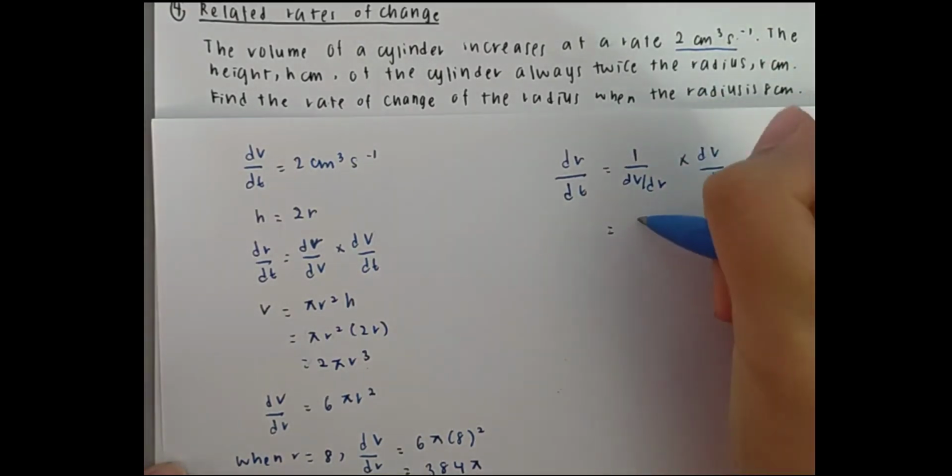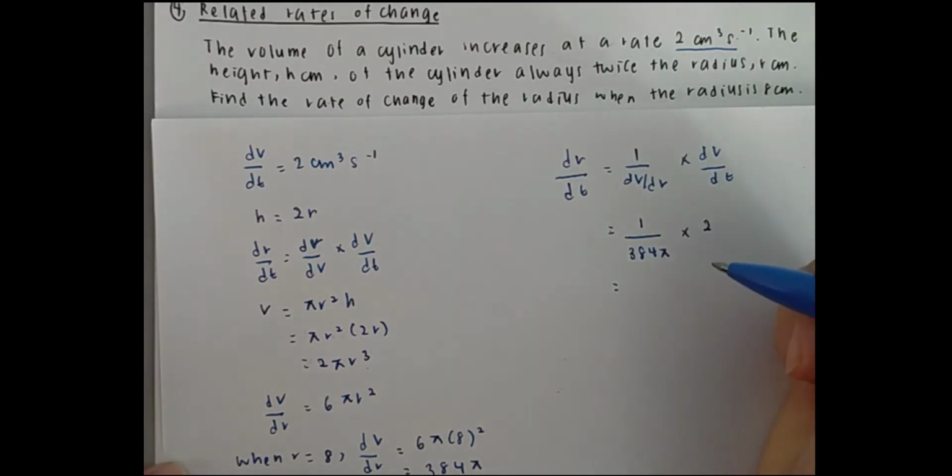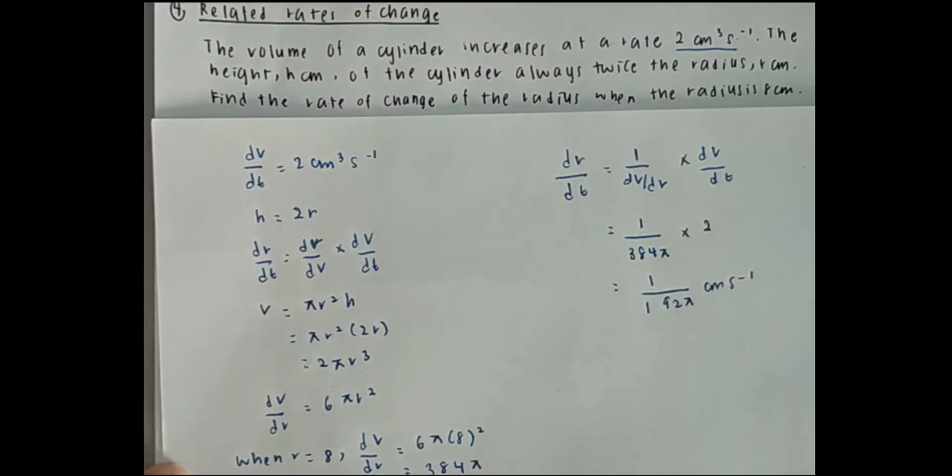So 1 over 384 pi times 2, and we will get the rate of change of the radius is 1 over 192 pi cm per second.